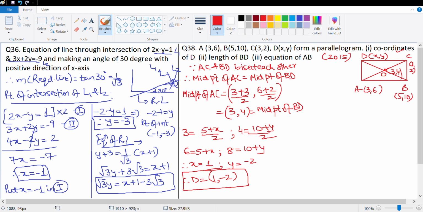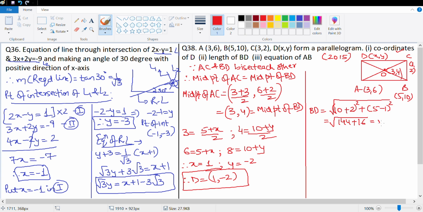Next step, length of BD. For the length of BD, we use the distance formula. BD would be the square root of y2 minus y1, which is 10 minus negative 2, that's 10 plus 2, whole square, plus x2 minus x1, which means 5 minus 1, whole square. 10 plus 2, that's 12. 12 square is 144, plus 5 minus 1, that's 4. 4 square would be 16.